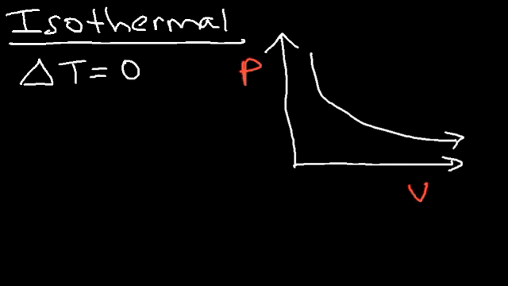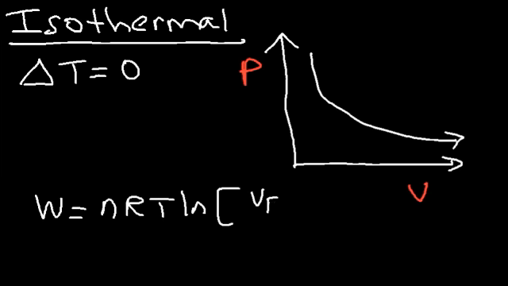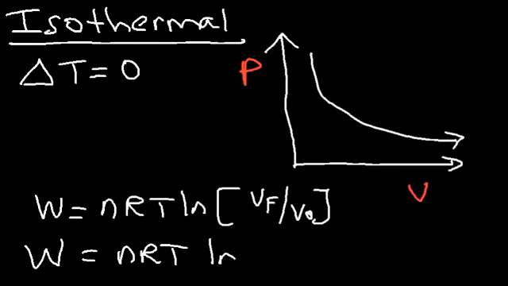To calculate the work performed in an isothermal situation, you can use this equation. It's equal to nRT times ln V final divided by V initial. You can also use this equation, nRT ln P final divided by P initial.